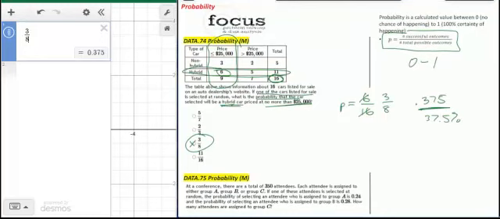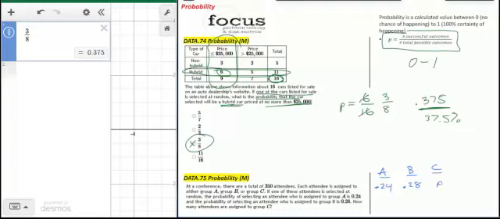Okay, the next example says that there's a total of 350 attendees, and there's a probability for each group. If we look at these probabilities here, we have a 0.24 or 24% chance that the attendee is assigned to group A. We have a 28% chance or 0.28 probability of group B, and how many are going to be assigned to C?